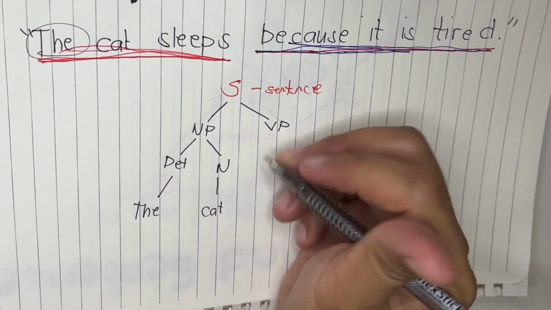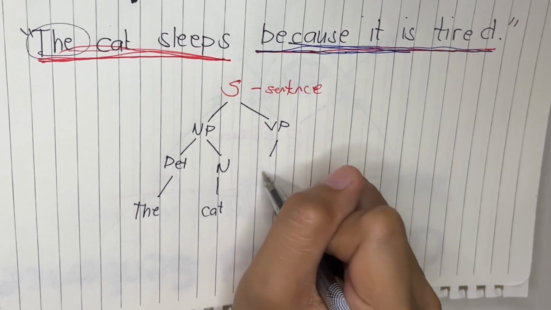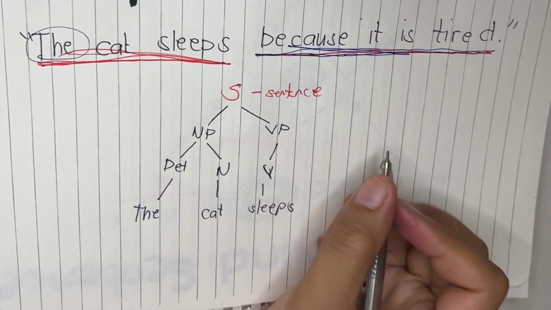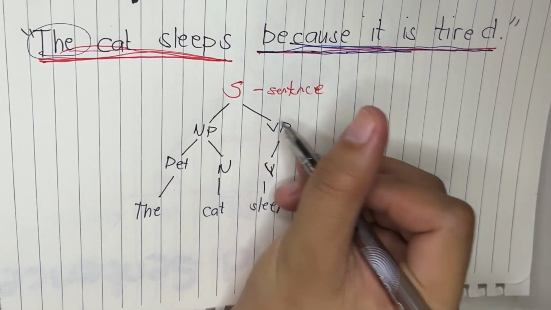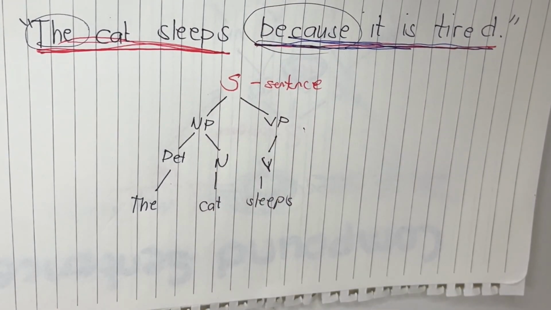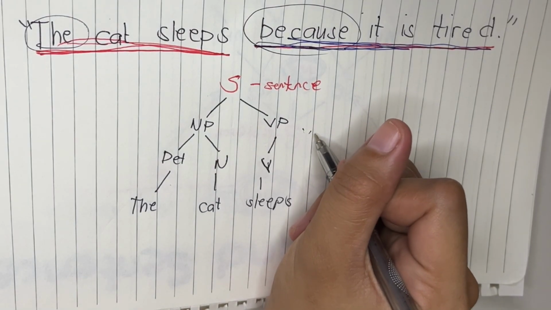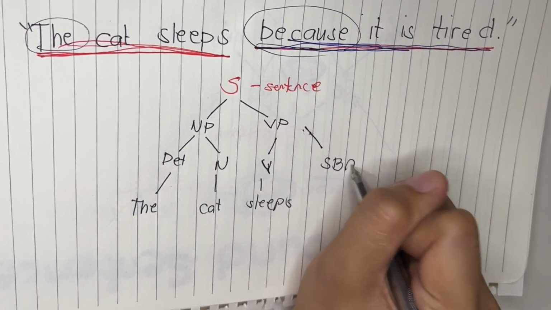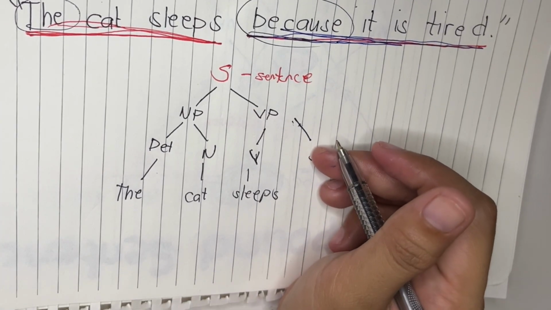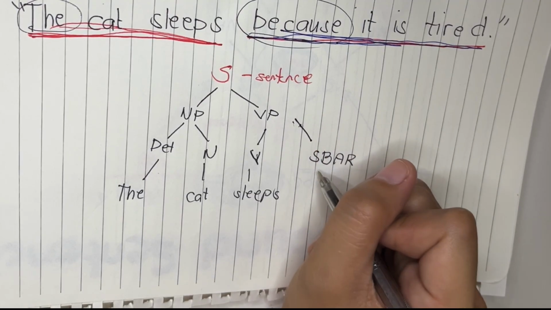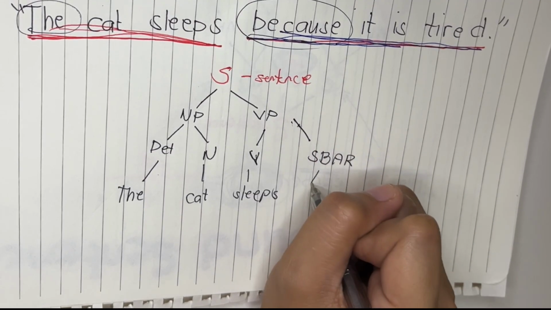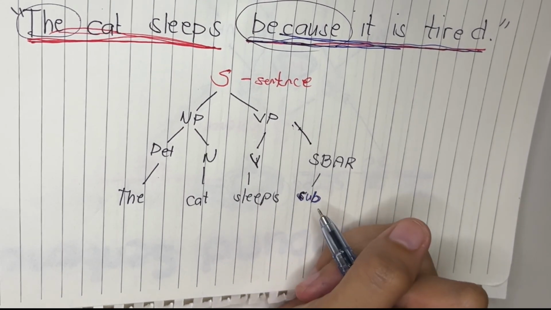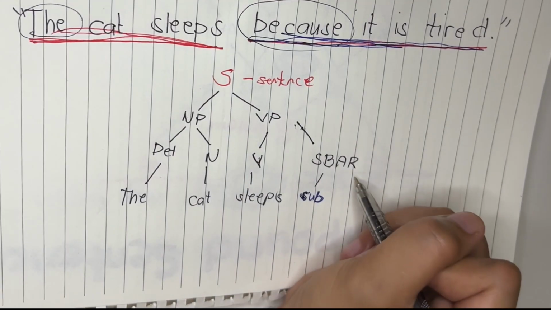In this verb phrase, we have the verb sleeps. As you can see, we have a clause here, so you can put another line here to SBAR, the subordinator, because. And another sentence again here.